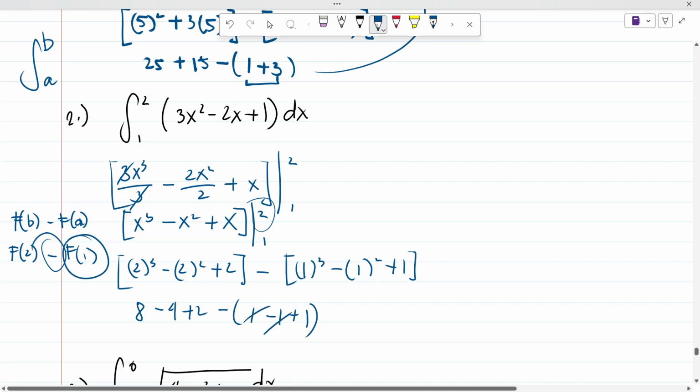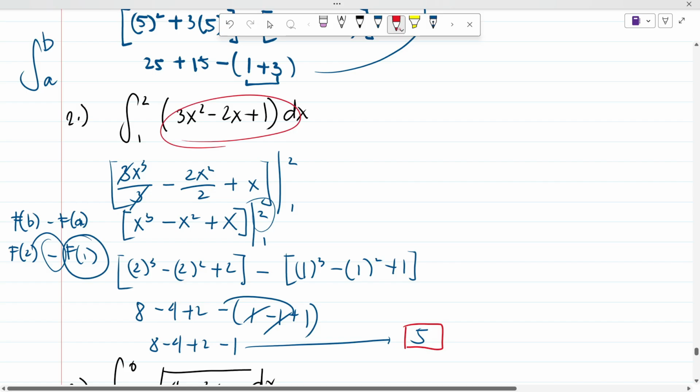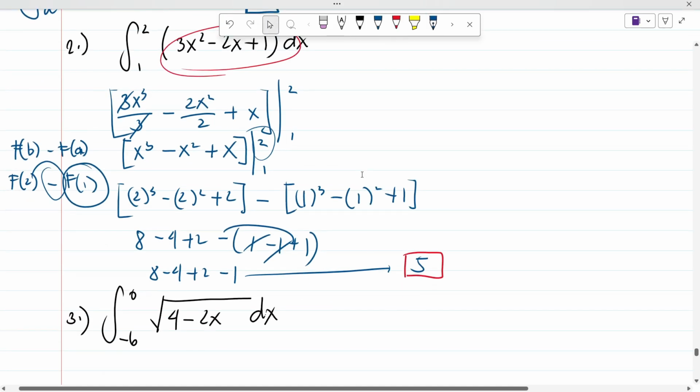This will be cancelled, and then 8 minus 4 plus 2 minus 1. Distribute the negative, that's why it's negative 1. So the answer is 5. You should already know indefinite integrals, guys, just the basics. So let's proceed to the next.